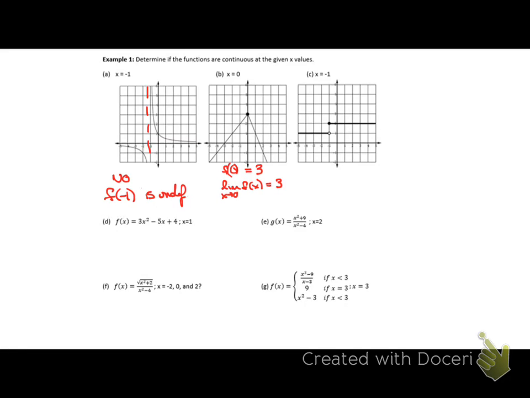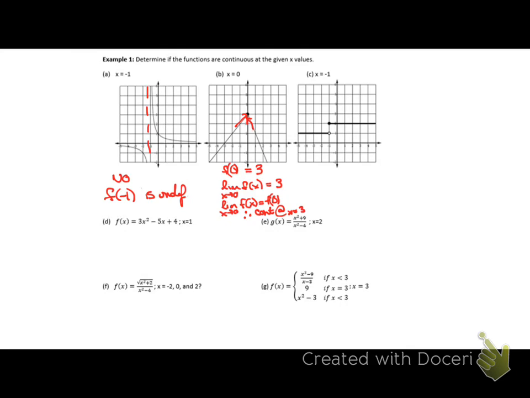We know that because from the left it gets to 3 and from the right it gets to 3. The limit as x approaches 0 of f of x is equal to f of 0. Therefore, now remember, I don't know if you saw this in geometry, but the little three dots that make a little triangle is the same thing as saying therefore. It is continuous.